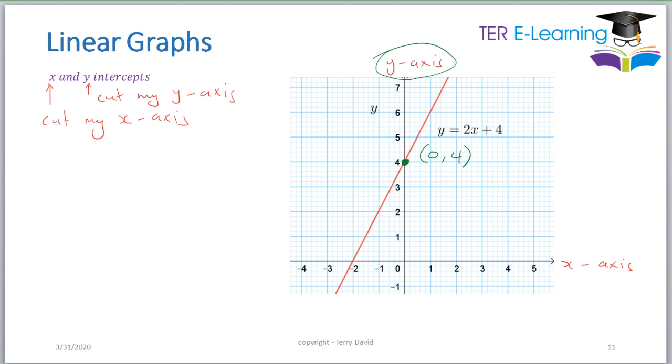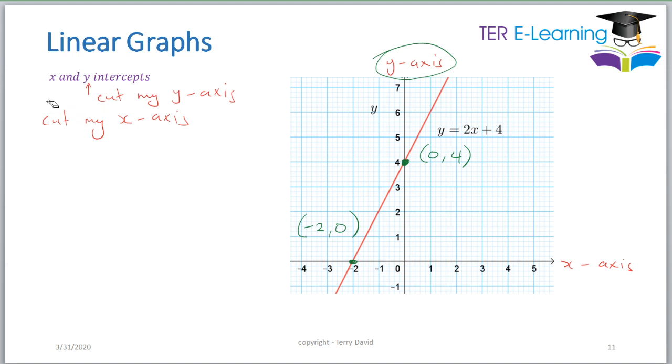I'm seeing a little confusion with the x-intercept, right? Now my x-intercept, from the graph, is this point here. So you need to give that as a coordinate, right? We always give our x value first when we are stating a coordinate. So in this case, it is -2 and the y value is 0, right?